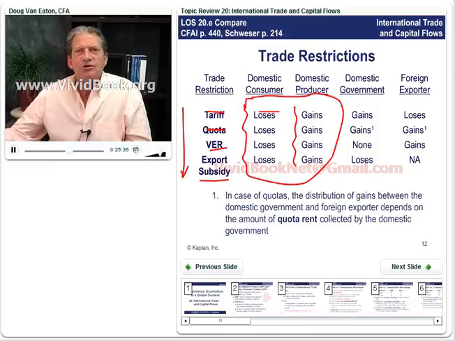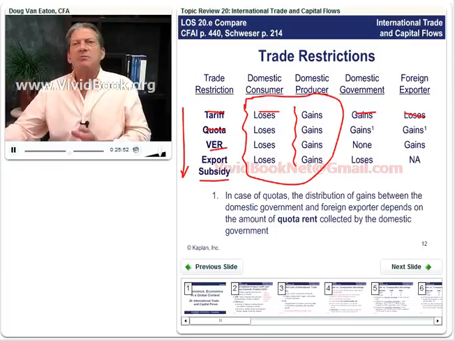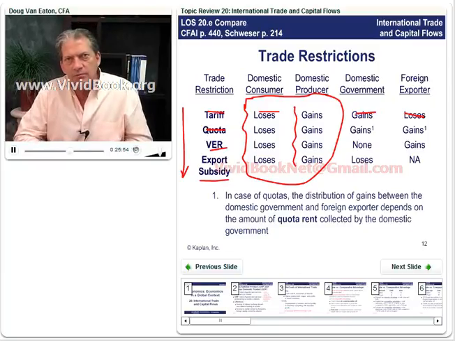So let's see what's going on the other side here with the domestic government and the foreign exporter. Well, the foreign exporter loses in the case of a tariff. It's just a tax on them exporting their goods. And the domestic government gains. Remember, they gain by the amount of the tariff revenues.